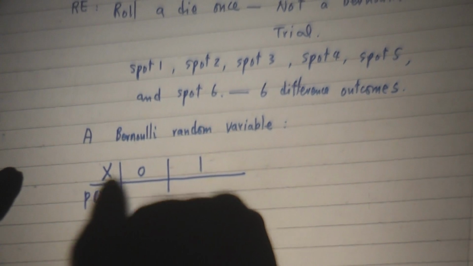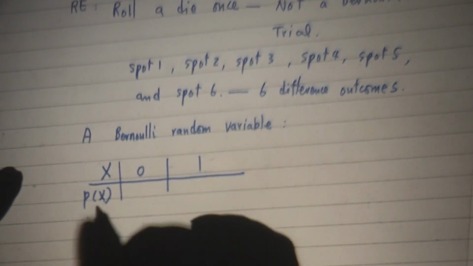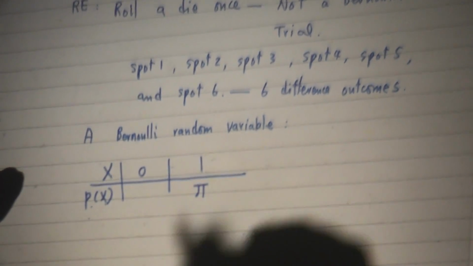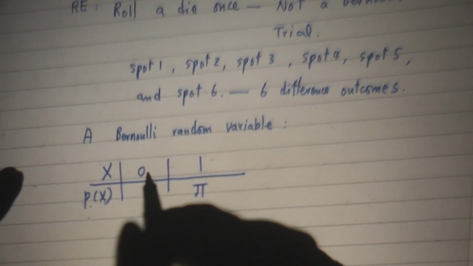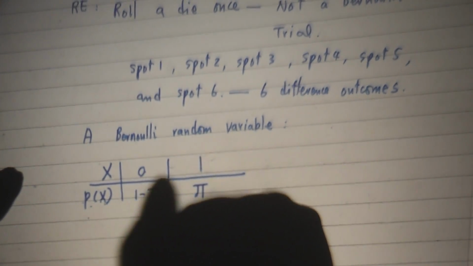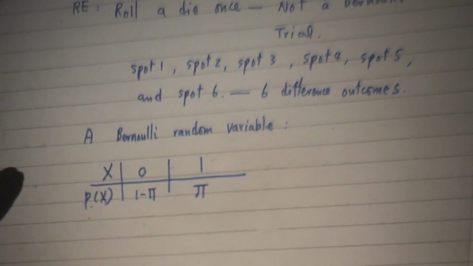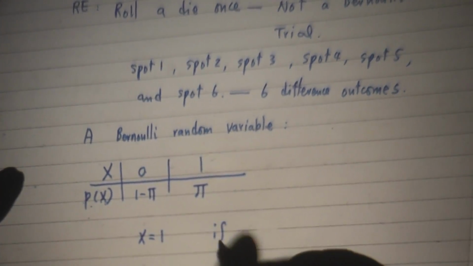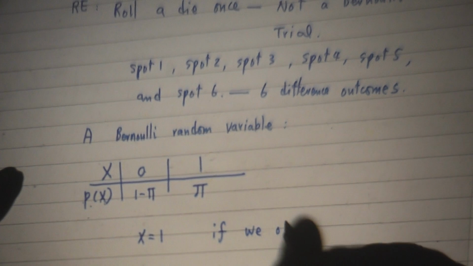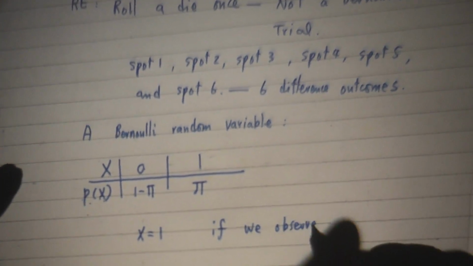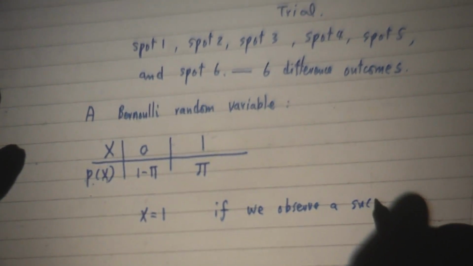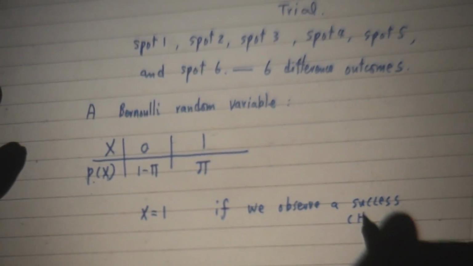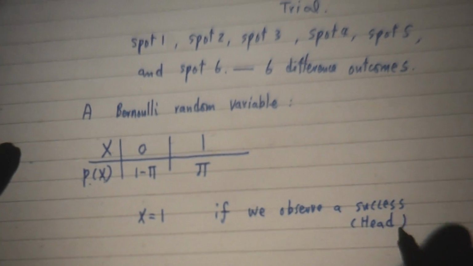This is the probability of x. Probability of x equal to 1 is pi, then probability of x equal to 0 is 1 minus pi. Usually this is the case. X is equal to 1 if we observe a success. The success maybe is that we see a head.